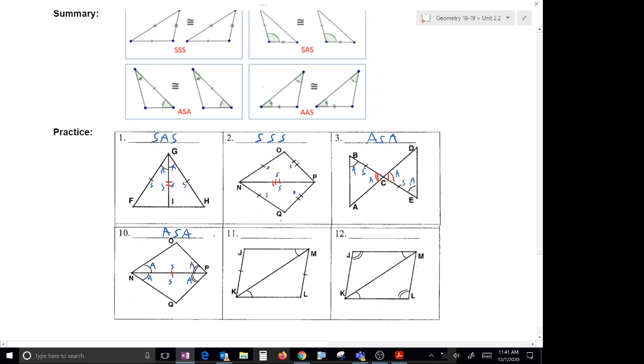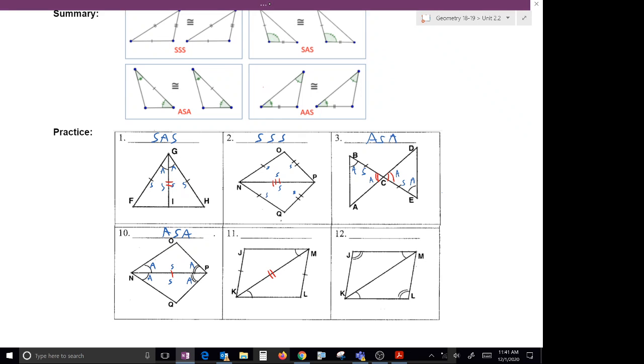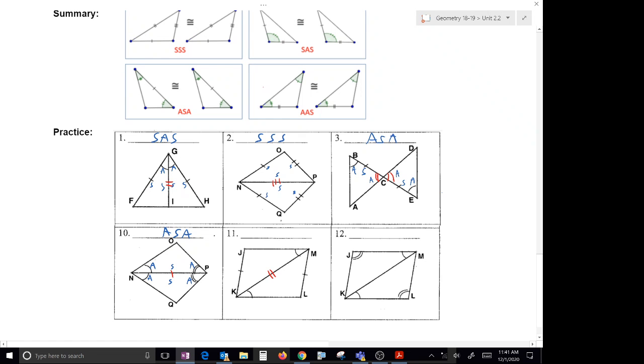Number 11, I do again have a shared side. But we're going to run into a little bit of a problem here. So here's my angle. Here's a side, and then here's another side. Same thing over here. Here's my angle. Here's my side and my side. So in our list here, we do not have a SSA or an ASS.